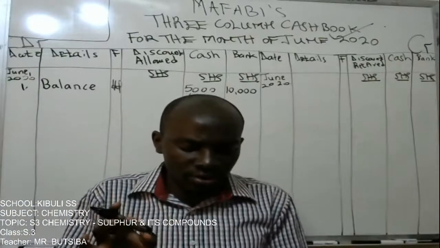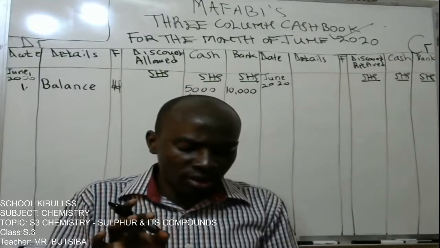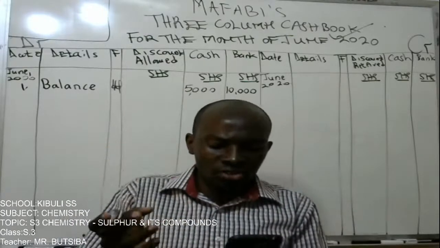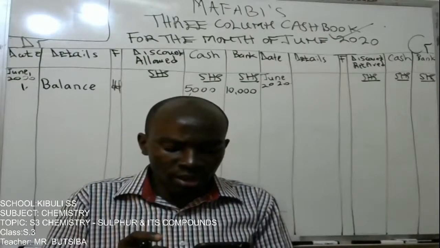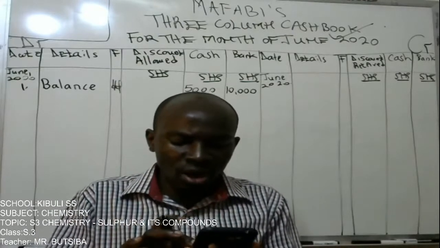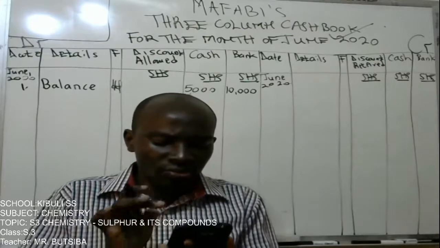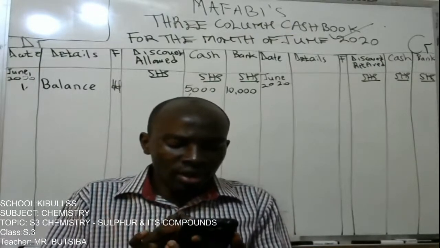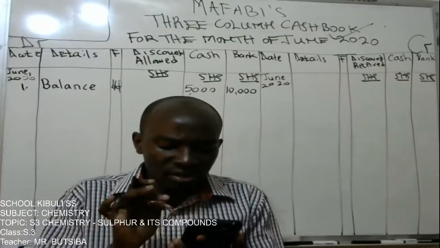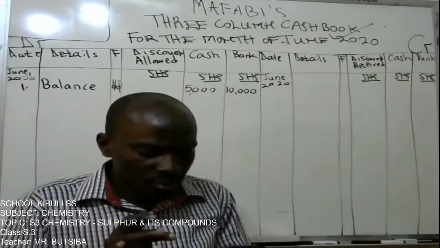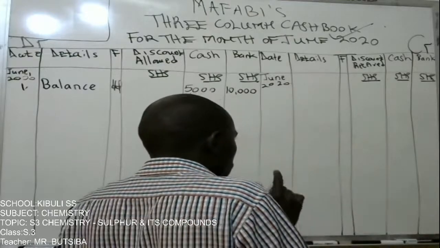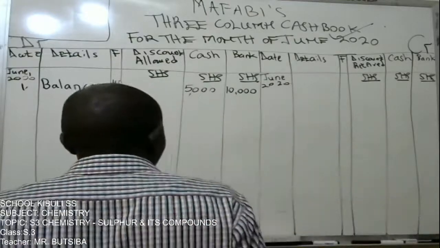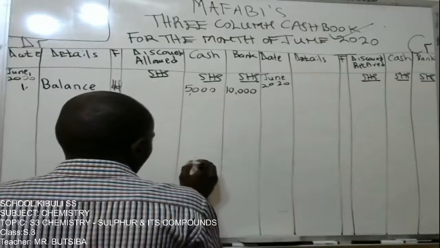June 2nd, received the cash from Wilson, less 4% cash discount. And the amount received from Wilson was 6,250. If I can borrow some space here.